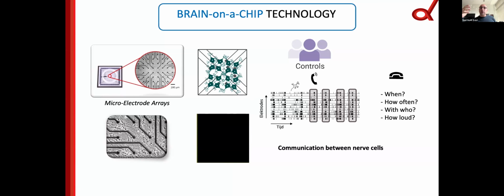The analogy that I like to make is that we can measure how nerve cells contact each other: when they are talking to each other, how often, with whom, and how loud they are talking. Those are the kinds of measures that we can extract from these experiments.